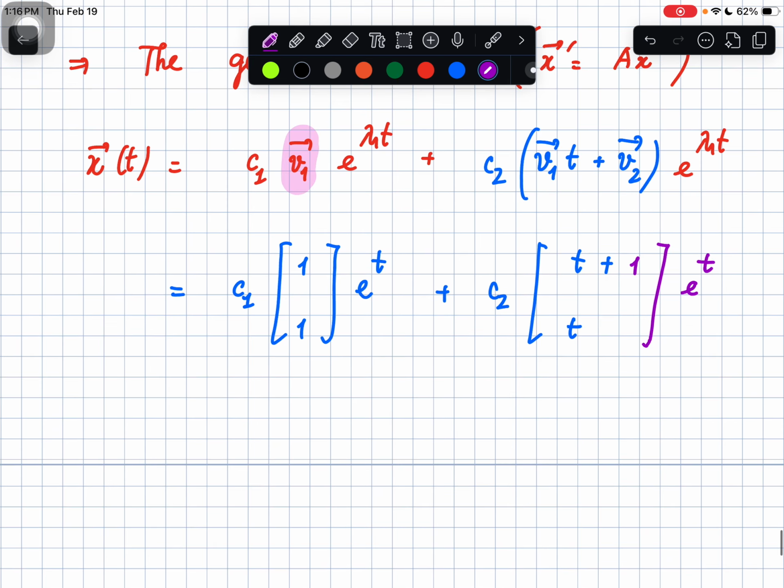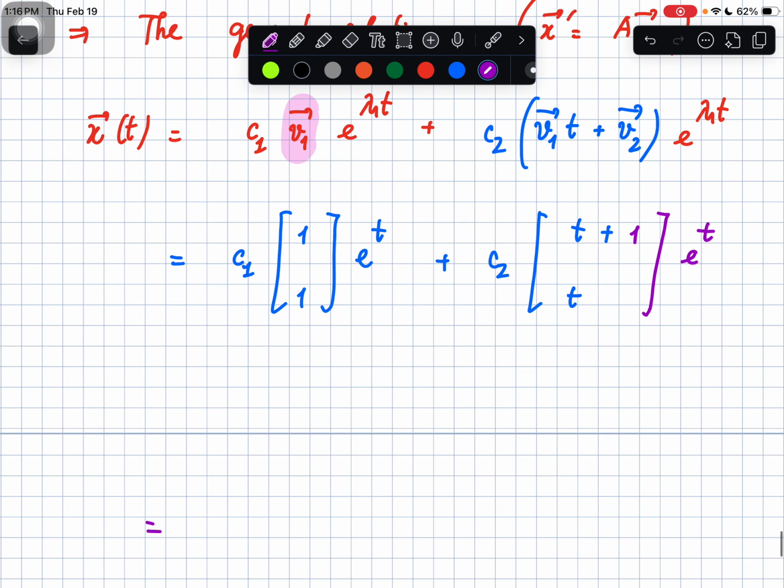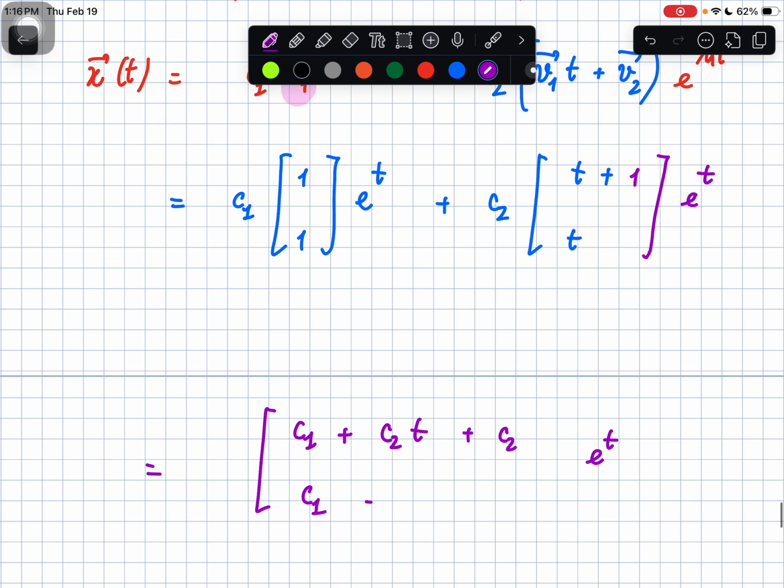So you can group e to the t out there. Inside you have (c1 plus c2 t plus c2, c1 plus c2 t). So this is our solution x(t), the general solution.